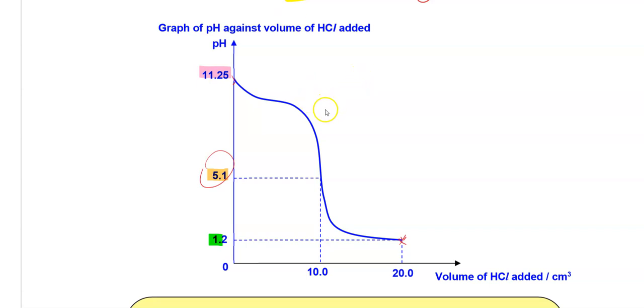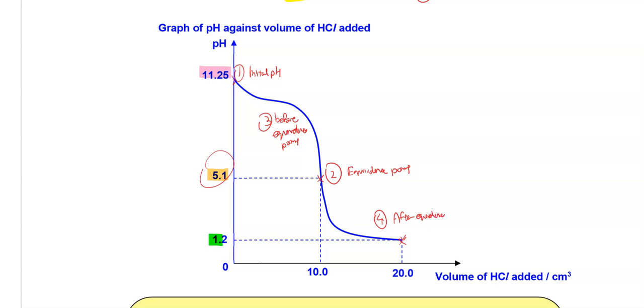I'm going to make use of this graph to consolidate your understanding of the titration curve again. Let's call this point number 1, your initial pH. This one is point number 2, your equivalence point. Point number 3 is before the equivalence point, and point number 4 is after the equivalence point.